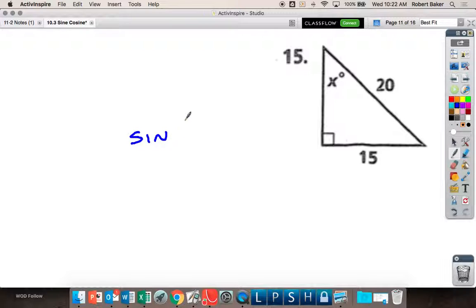The sine of x degrees is equal to 15 over 20. And I told you guys yesterday, when we're solving for an angle measurement, you have to use the inverse of the function, or homie goes to the other side of the tracks and loses a life.